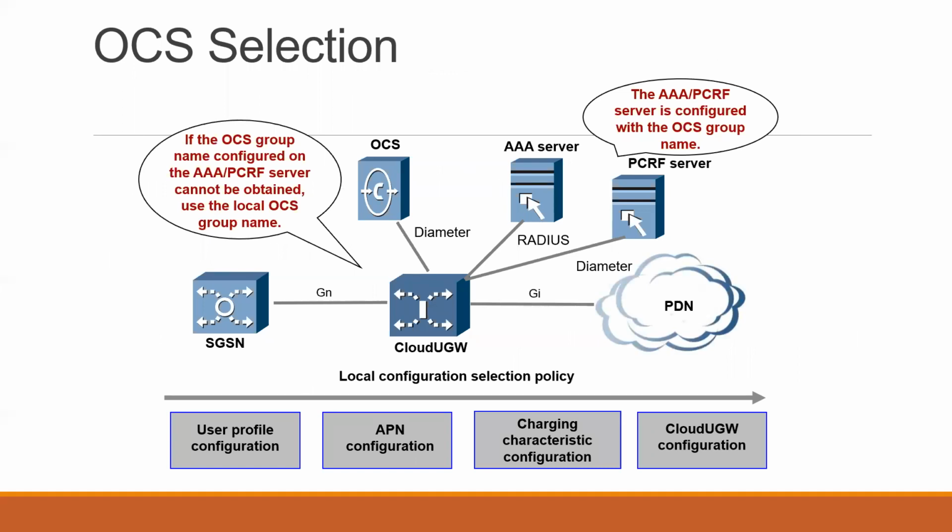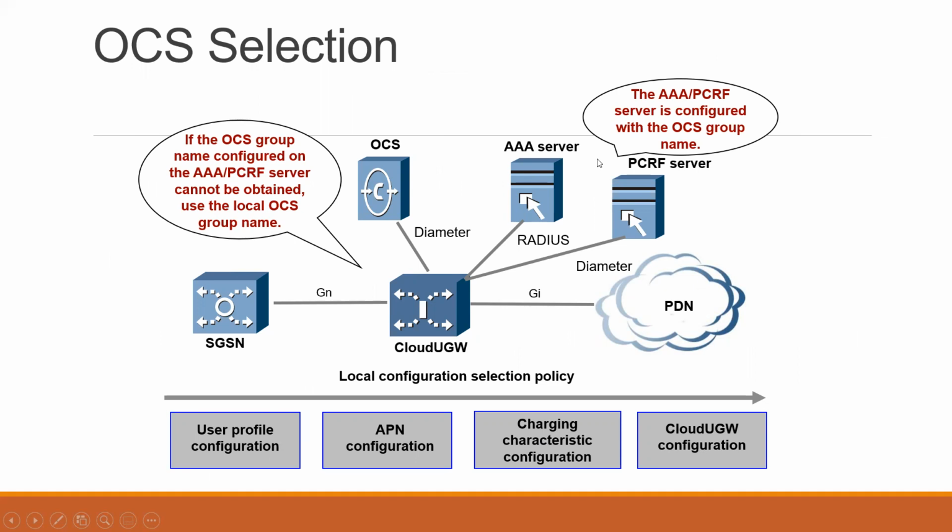Next is how an OCS is selected. The local configuration selection policy states that the user profile configuration has the highest priority, then you have the APN configuration, then the charging characteristic configuration, and then the cloud user configuration. If the OCS group name on the triple A server cannot be obtained, use the local OCS group name.